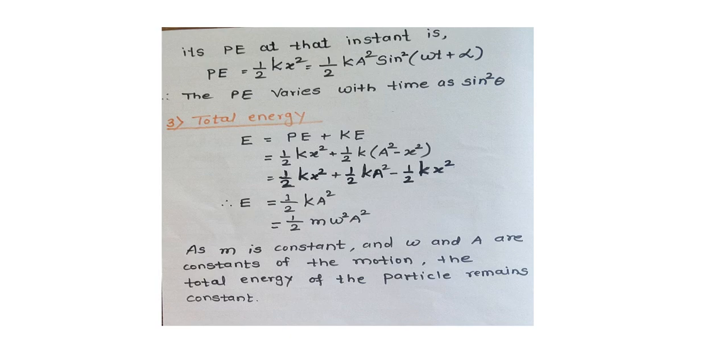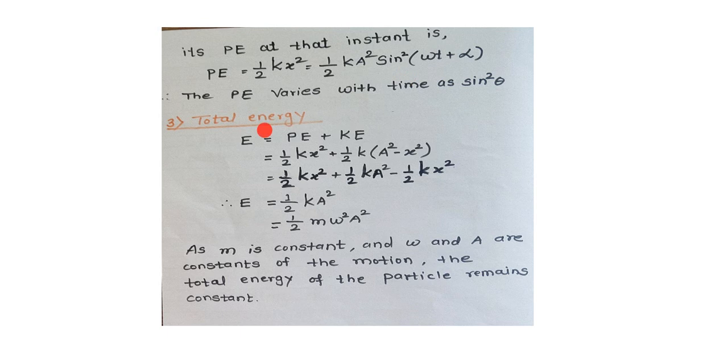Its potential energy at that instant is half kx square equals to half k a square sin square omega t plus alpha. And here the potential energy varies with time as sin square theta.